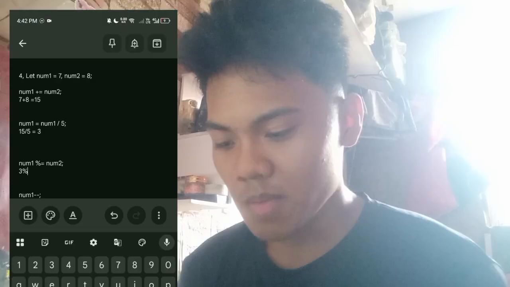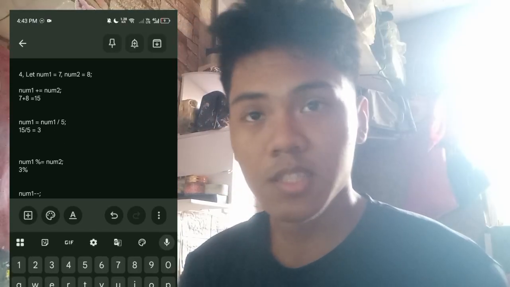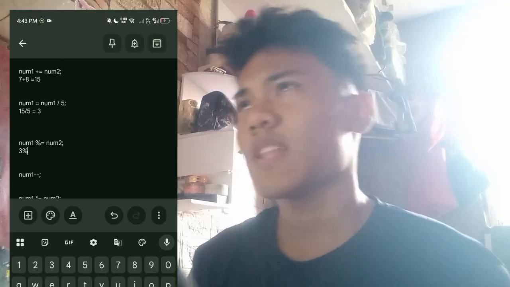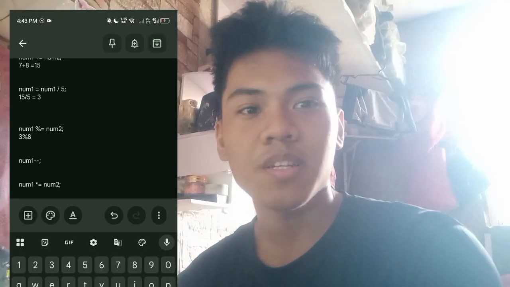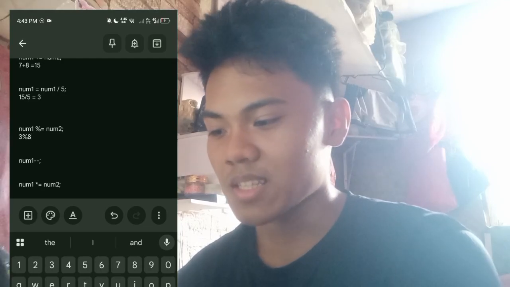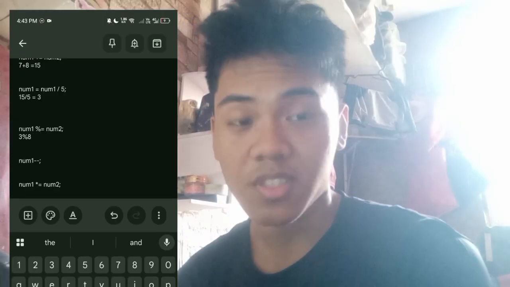But in programming, we do it like this. Since 8 can't fit into number 3, we need to think of it like this. If number 8 tries to go inside number 3, it will only go 0 times, since in this division, 3 divided by 8 is 0.375.